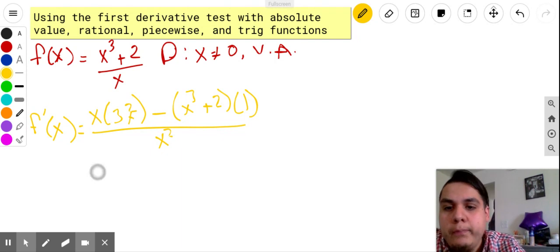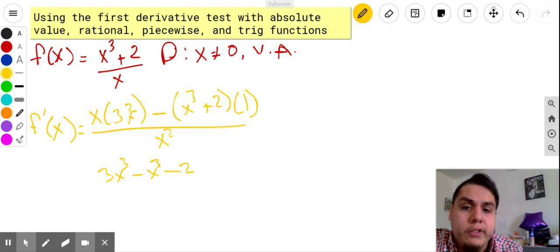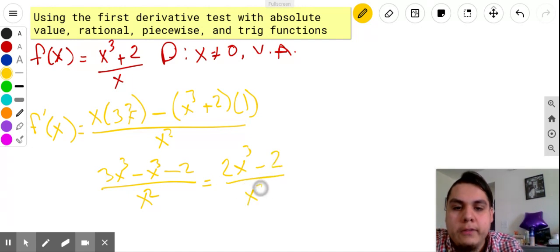So we got 3x cubed minus x cubed minus 2. Careful when you have to distribute that negative for what you're subtracting, over x squared means that we end up with 2x cubed minus 2 over x squared.